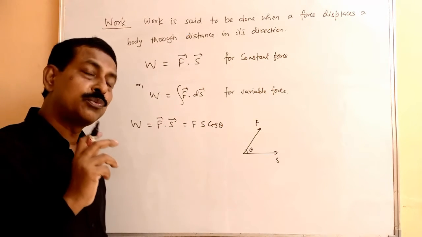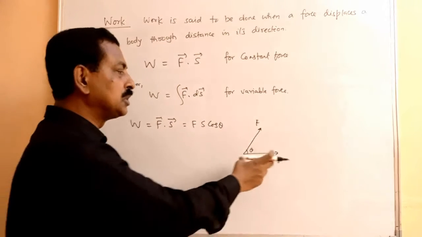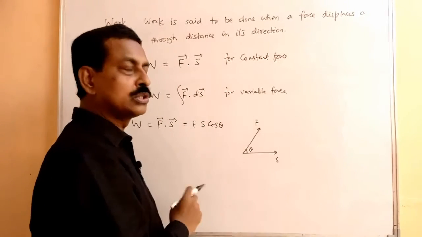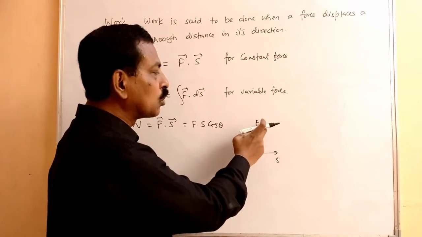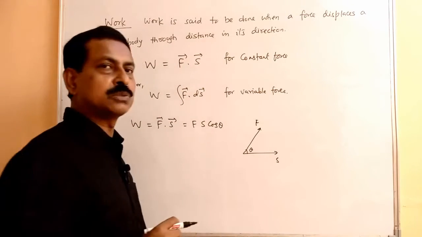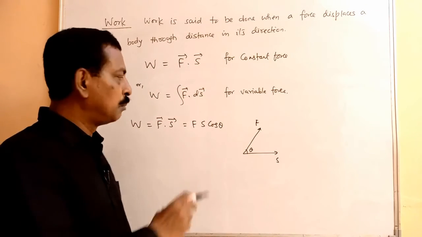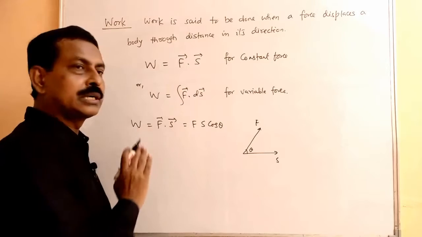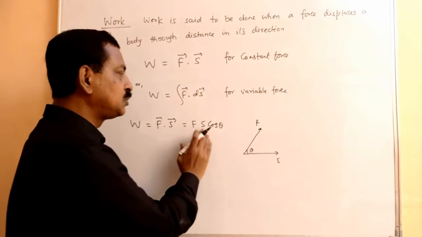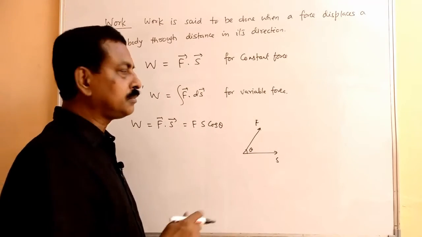So basically we'll have to find the component of this displacement in the direction of force, or you can also take component of force in the direction of displacement. Because if this is your F dot S, we write it as your Fs cos theta.